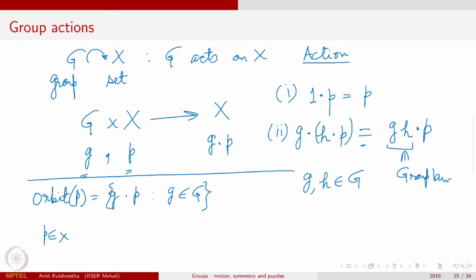So, that is orbit. There is another concept which is that of stabilizer.